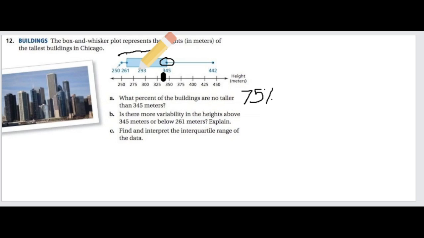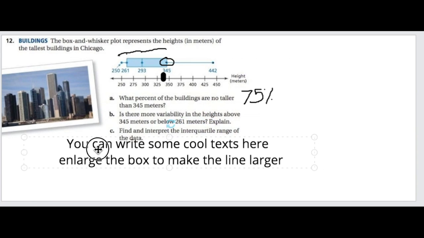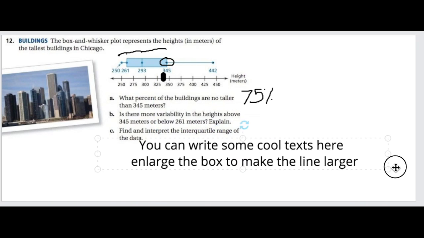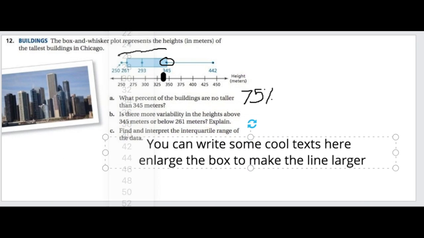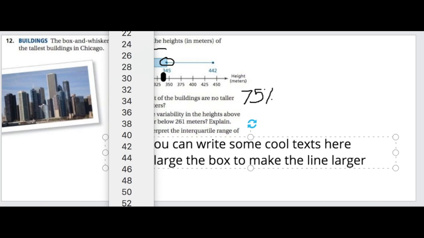So let's look at question B. Is there more variability in the heights above 345 meters or below 261 meters? Let's go ahead and think about this and see if I can add a text in here. All right, let's make this a little bit smaller.